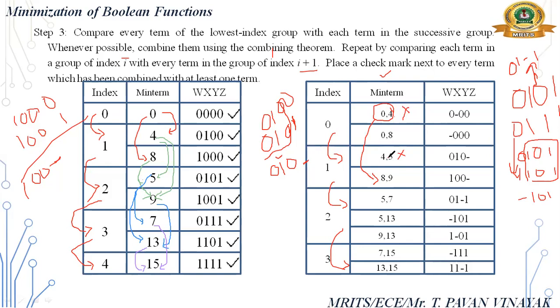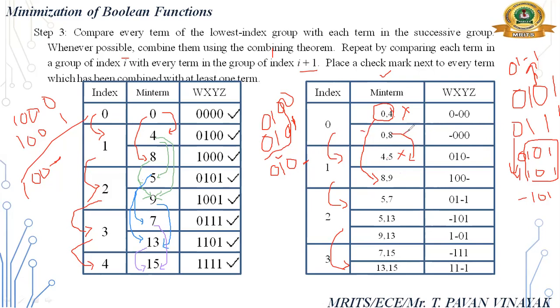Now compare 0 4 with 8 9. Next 0 8 with 4 5. Now 8 is available, so no need to compare 0 8 with 8 9. The possible checkings are 1 and 2.